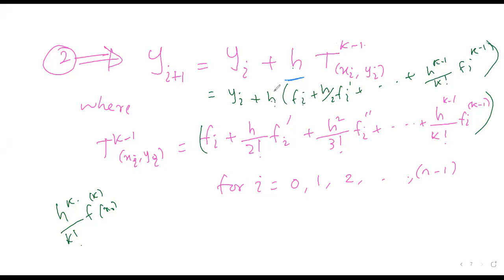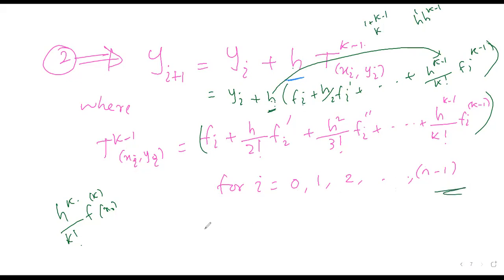If you multiply this term, you'll get h to the power 1 plus k minus 1, same base so you add the powers, which will be k. So what they are doing is taking one h outside, and all the rest of the terms they are writing. That's the idea. Hope you understood.